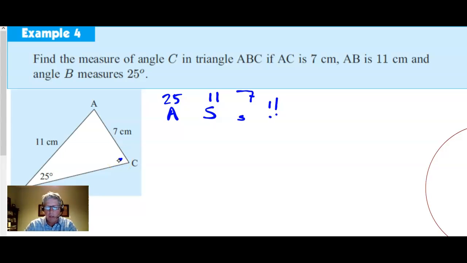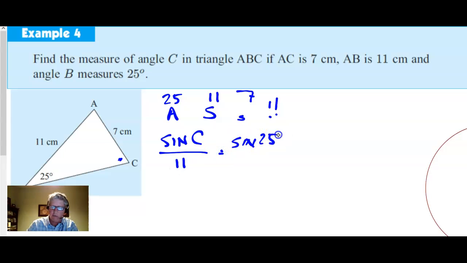Let's just trust the math. Sine of C over 11 should equal the sine of 25 over 7. Sine of C is equal to 11 times the sine of 25 over 7.